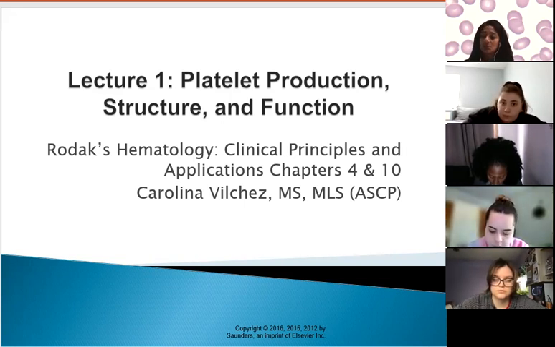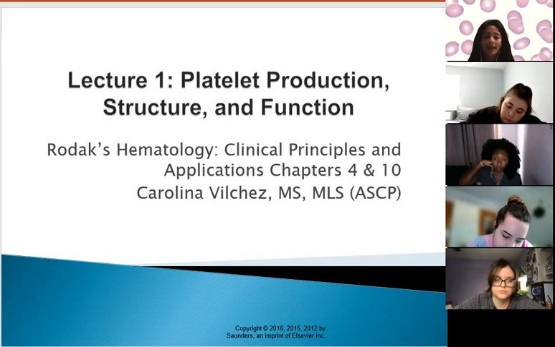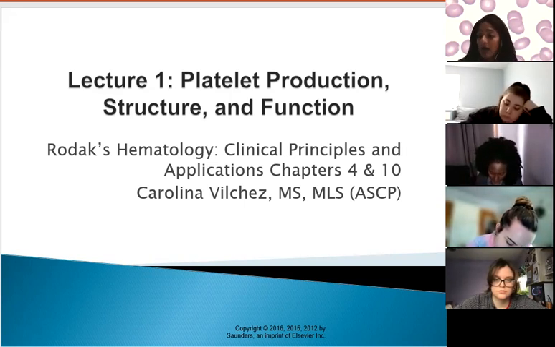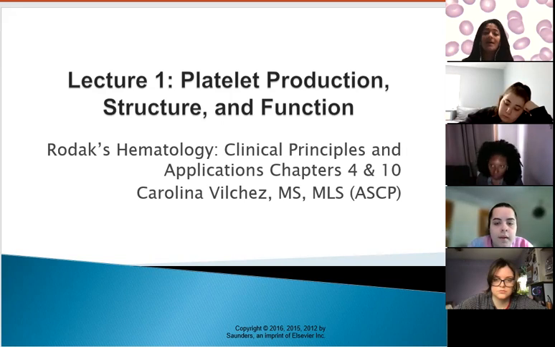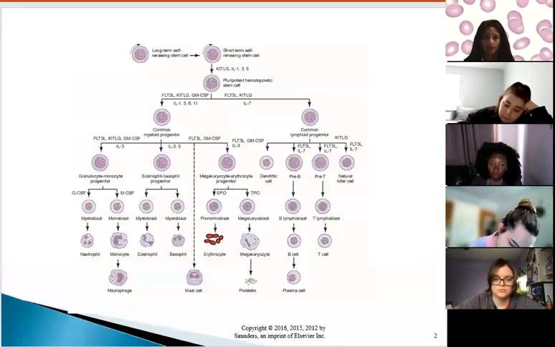Whenever there is an injury in a blood vessel, okay, the platelets are kind of like the first soldiers that come to the site. Okay, so their function, even though they are anuclear, so they have no nucleus, they're really, really tiny. They have a huge function in the human body.